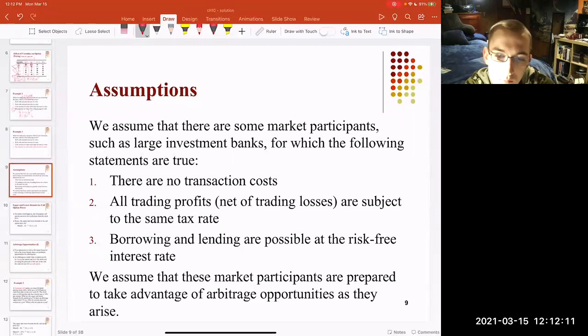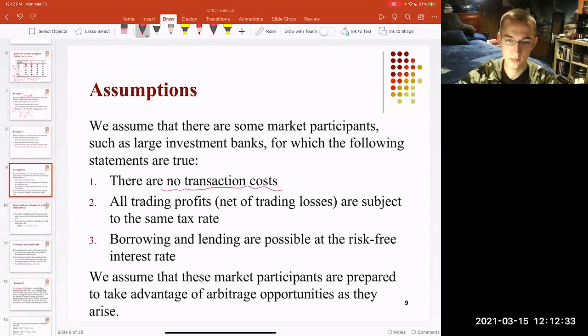Before we talk about that, here are the assumptions. We assume that there are some market participants, such as large investment banks, for which the following statements are true. First, there are no transaction costs. So we are talking about theory, right? But in reality, there must be a lot of transaction costs.